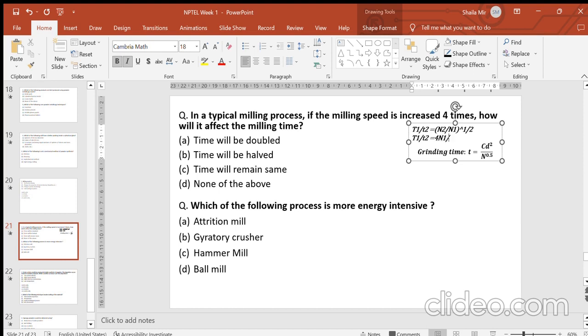If milling speed is increased 4 times, what will happen to the time? Any answers?